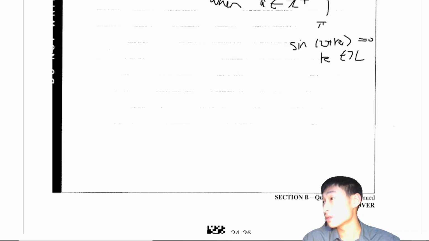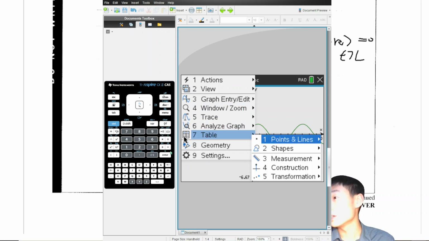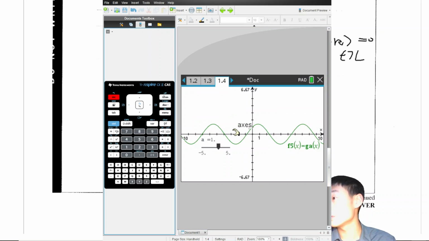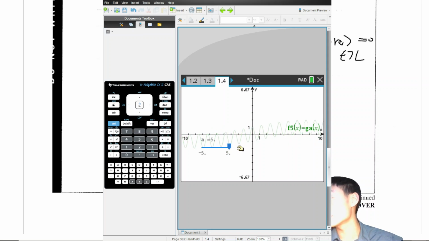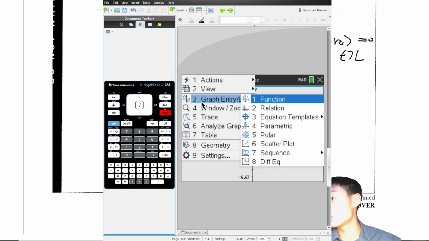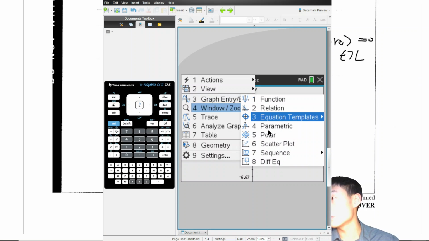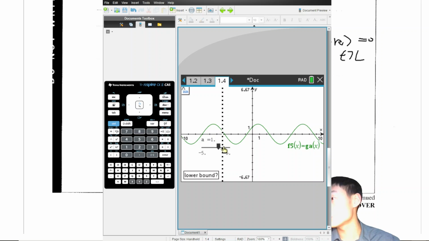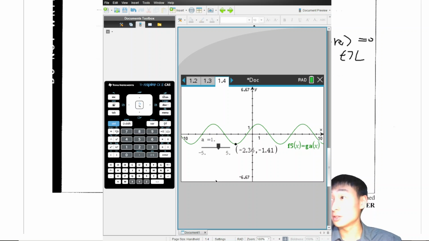So what I have here is a graph, and as A gets larger and larger, the minimum value becomes lower and lower. So you need A equal to 1 because A is a positive integer, and therefore the value of the minimum should be negative 1.41.